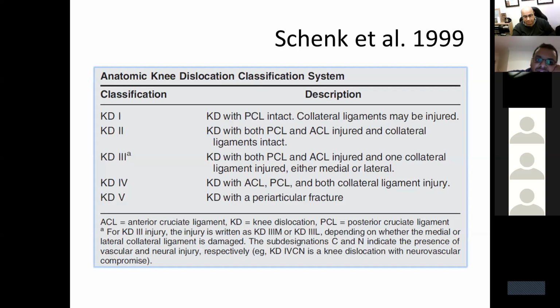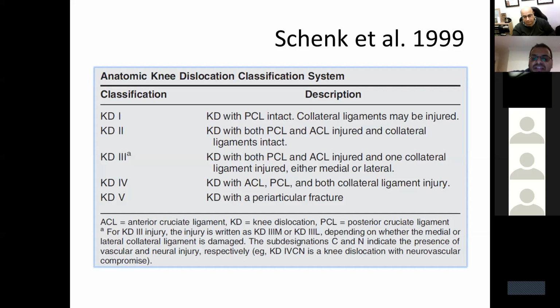So KD1 is where you have a single collateral ligament injury. KD2 is when you have both PCL and ACL, or two ligaments gone. KD3 is when you have bicruciate plus a collateral ligament, and then you can divide it into KD3M, which is a bicruciate and medial sided injury, or KD3L, which is a bicruciate and lateral sided injury.